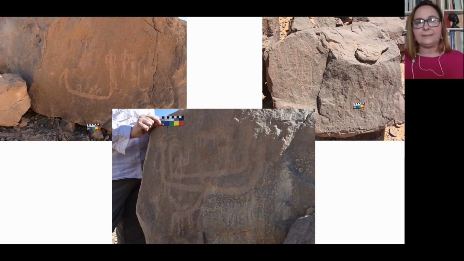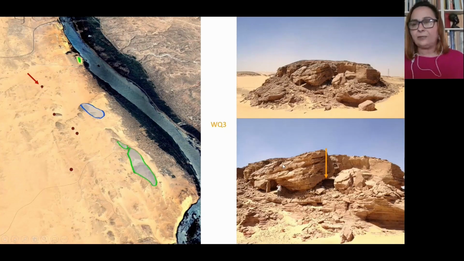Another site of these inland sites, again from more or less the same period, a little bit later, is on a stone wall, let's say a stone platform here below this rock.